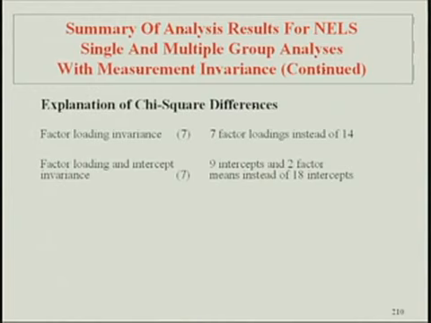So we're estimating 9 intercepts and 2 factor means instead of 18 intercepts. So the difference between 11 and 18 is 7. We're changing two things when we go to the intercepts. We're changing the sample statistics, and we're holding part of them equal. If that's not clear, we'll go back to that.